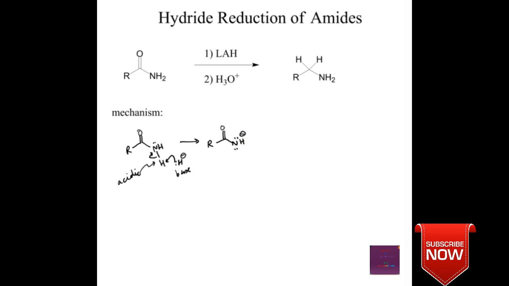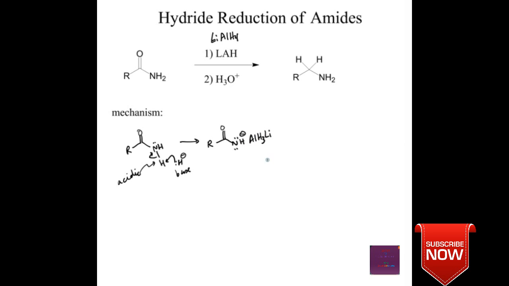Now, rather than just draw this as the anion, I'm going to add in this salt. Remember, this was LiAlH4. So the counterion we have here, we still have an aluminum with 3 hydrogens. That aluminum with 3 hydrogens and the lithium salt is all still going to be here like a counterion. This is a Lewis acid.